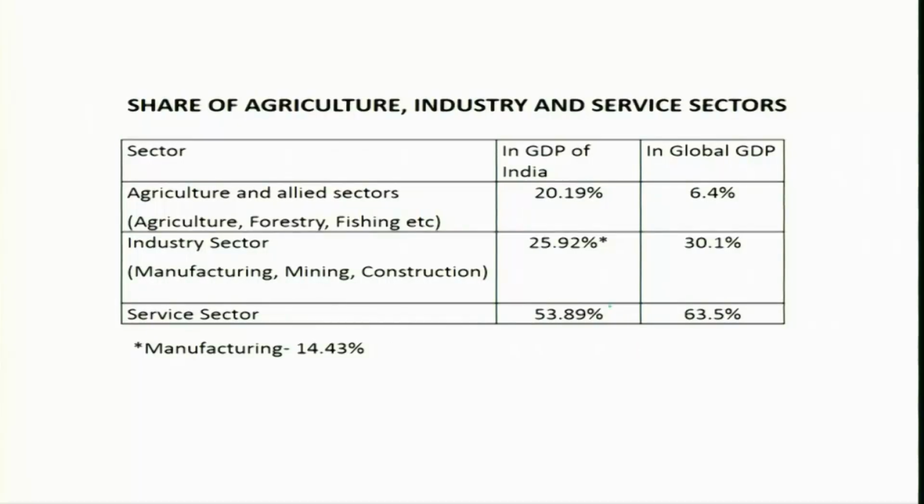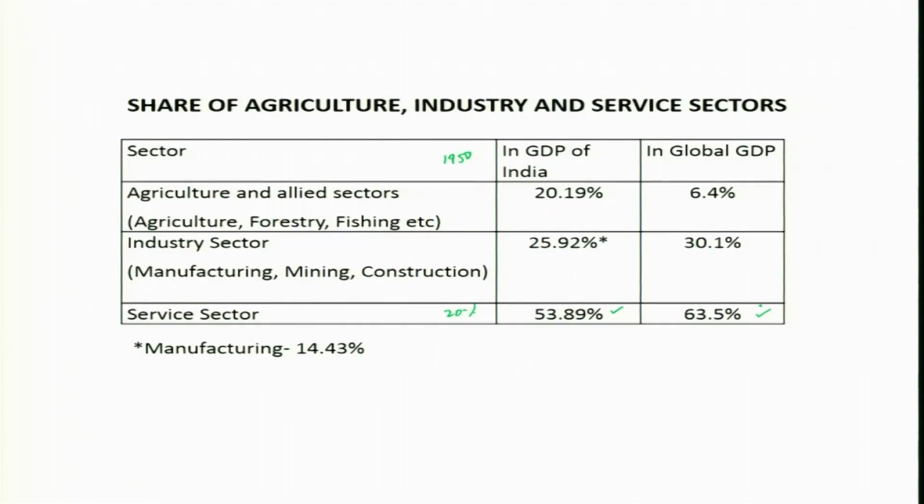Now, service sector has grown to almost 54%, whereas if you look at 1950s data, this was even less than 20%. In 1950s, service sector was less than 20%. Now, in our GDP, its share is around 54%, and globally the share of service sector is about 63.5%.